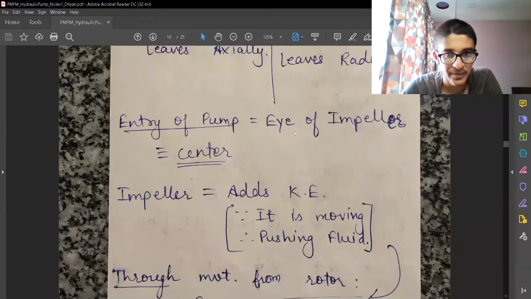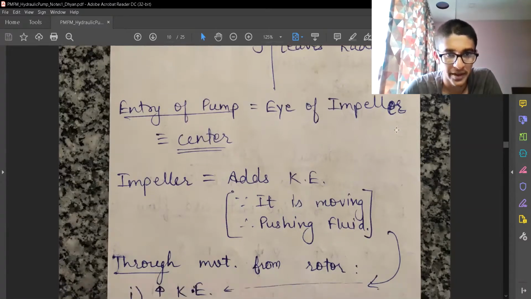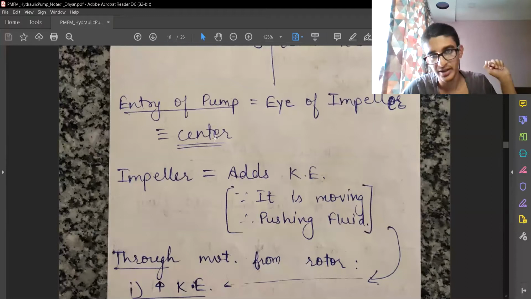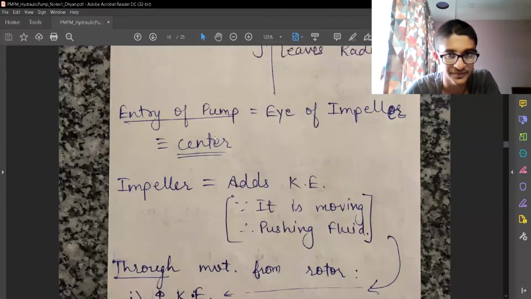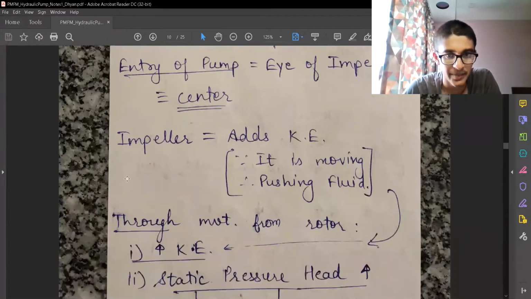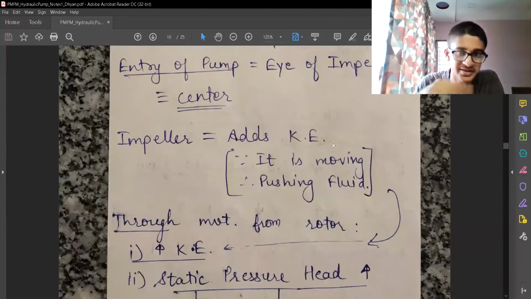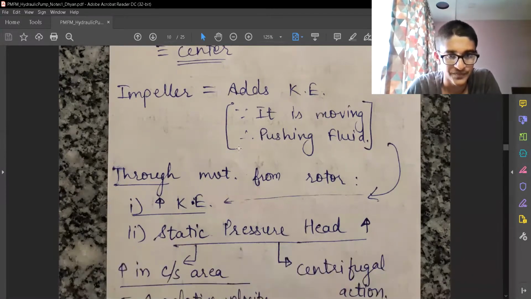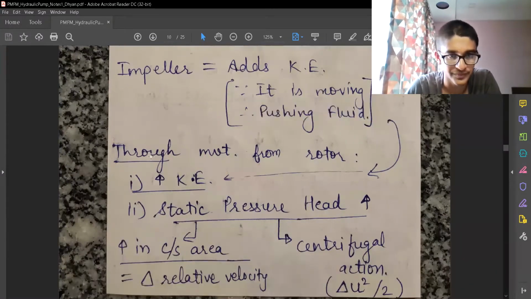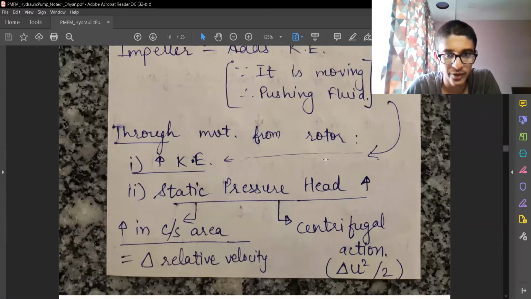And the entry of pump is called as eye of the impeller. That is the center point from where the fluid is going to come axially inwards. Impeller adds kinetic energy because it is the rotating part. It adds kinetic energy to the fluid by pushing the fluid through movement from rotor.